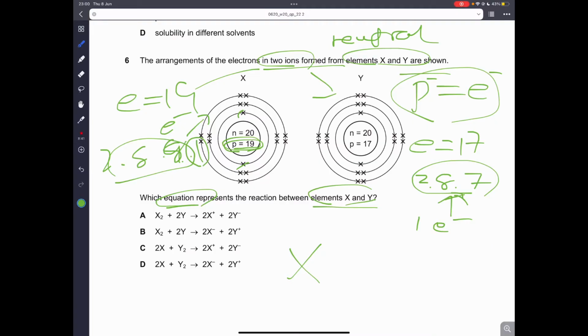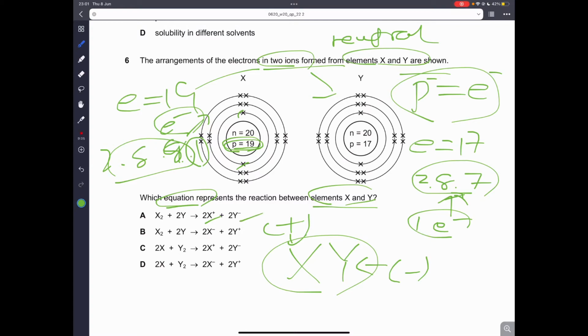So basically the compound would be XY. Because the element X loses one electron, it becomes positively charged, while the element Y gains one electron, which means it gains a negative charge. So X is going to be positive, Y is going to be negative.